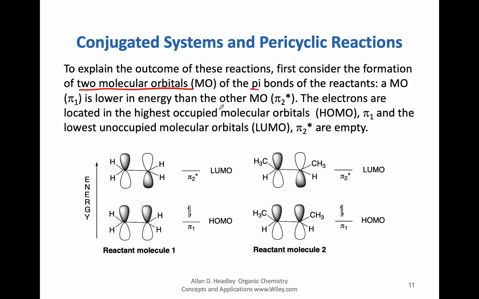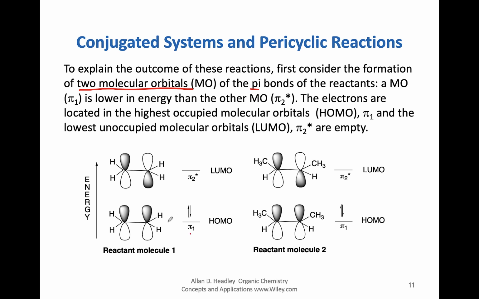Okay, so if there are two molecular orbitals that are formed from the two atomic pi bonds, we have shown here. So for reactant 1, here is molecular orbital 1, that's represented like this, and here is molecular orbital 2, that's represented like this. We can call them pi 1 and pi 2 star.